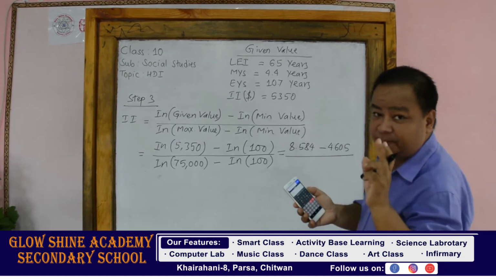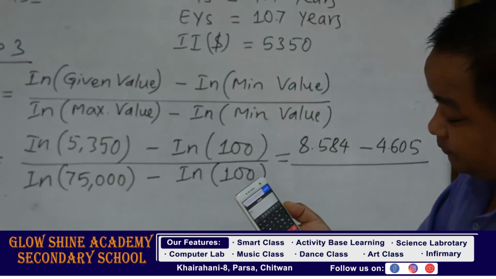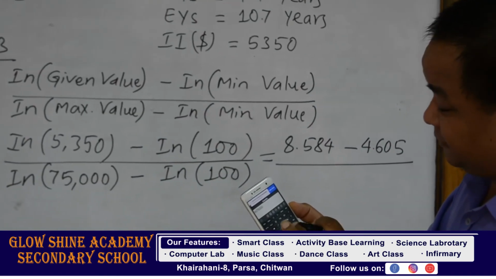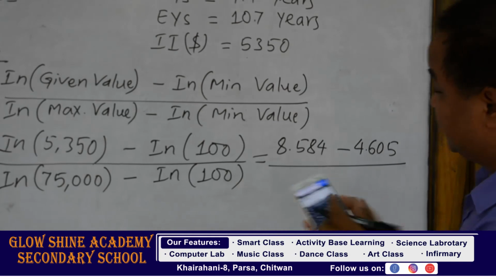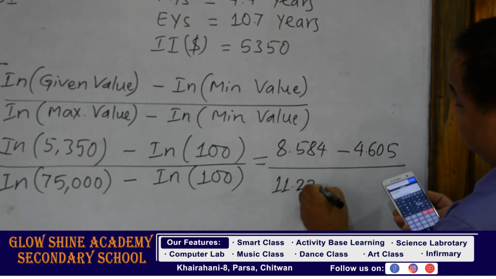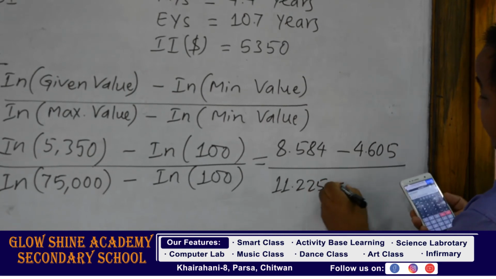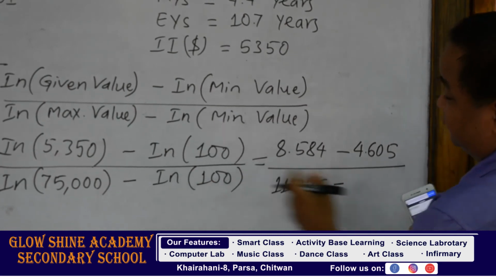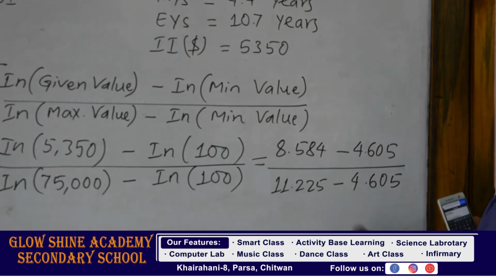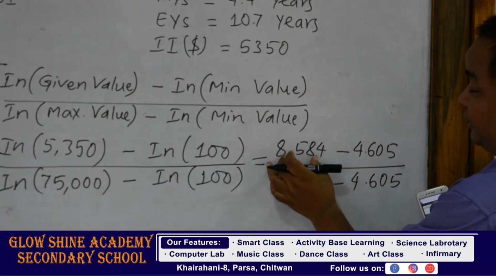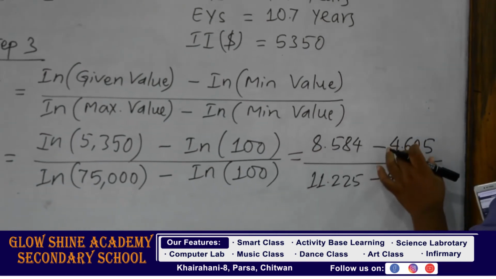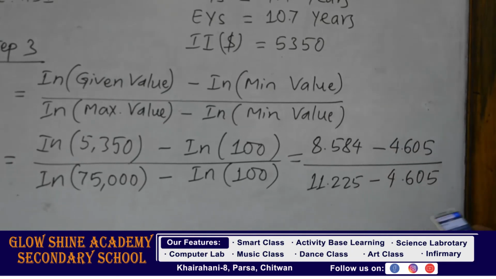Don't forget, press the button ln, 75,000, then bracket close, is equal to 11.225 minus, we know the minimum value, 4.605. Then we subtract the minimum value from the given value.